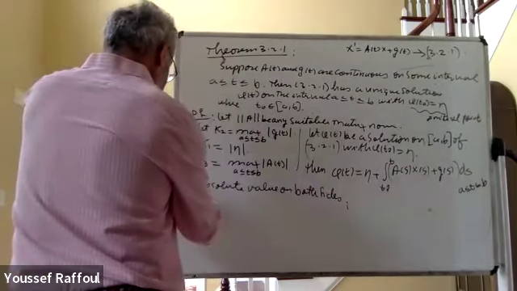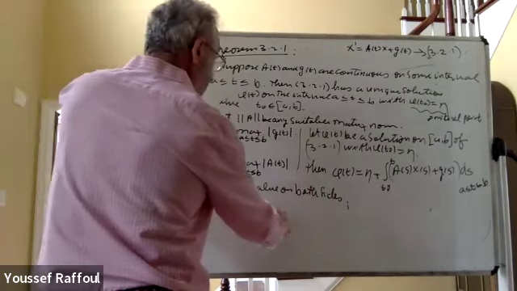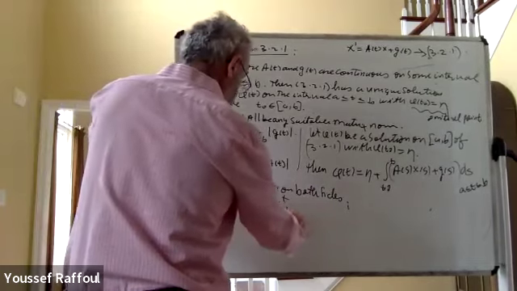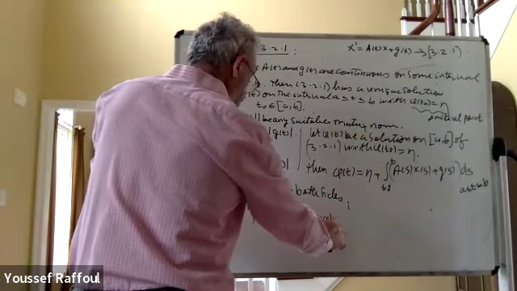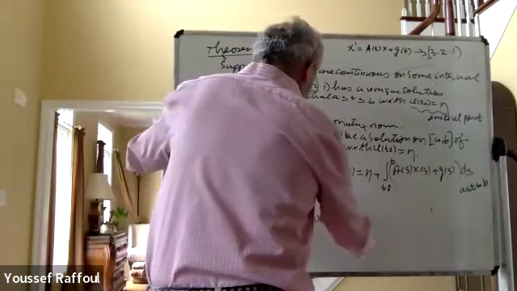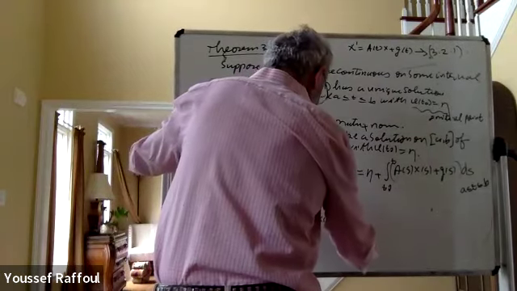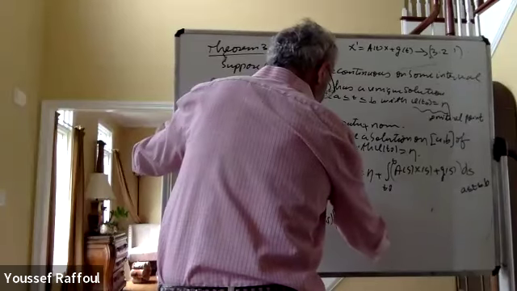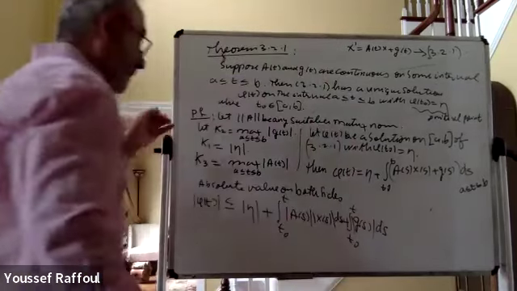So we're going to have ||phi(t)|| less or equal to |eta| plus the integral from t0 to t of ||A(s)|| ||x(s)|| ds plus the integral from t0 to t of ||g(s)|| ds.